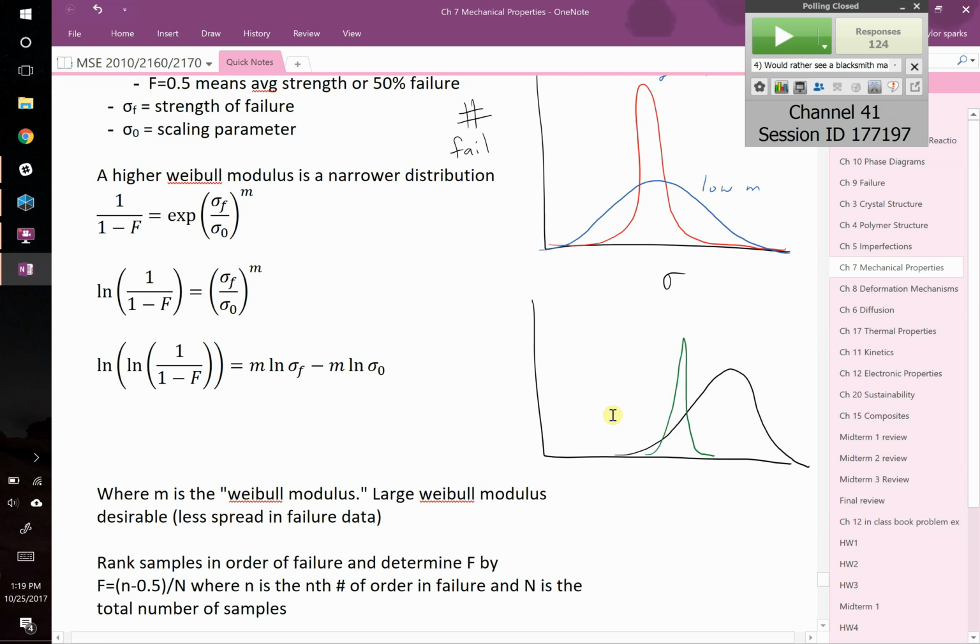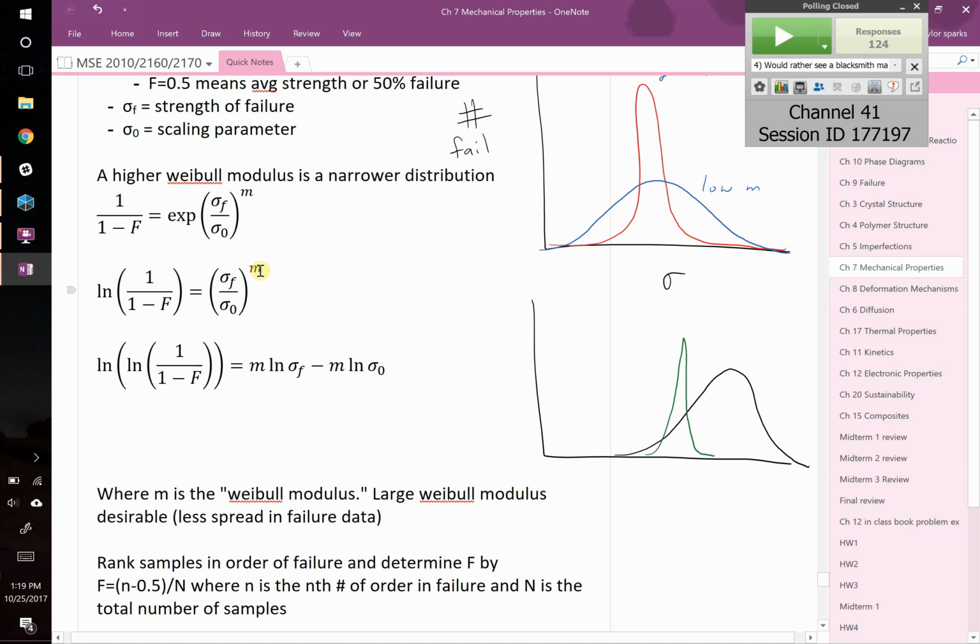We're going to give you an interesting example of that by the end of class today. So the first thing we do with this Weibull expression is make it look linear. The way you do that is first by bringing the 1 over, so now you've just got this negative exponential. Then multiply both sides by -1 to get rid of that negative, so you've got 1 over 1 minus F equals the positive exponential of this term.